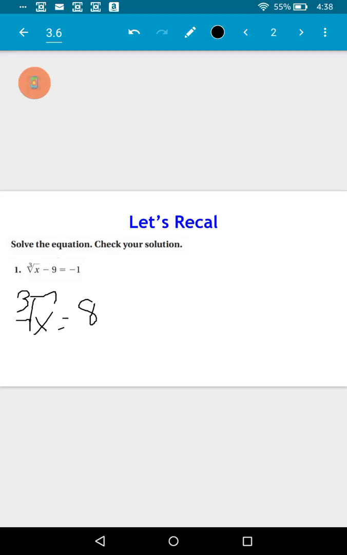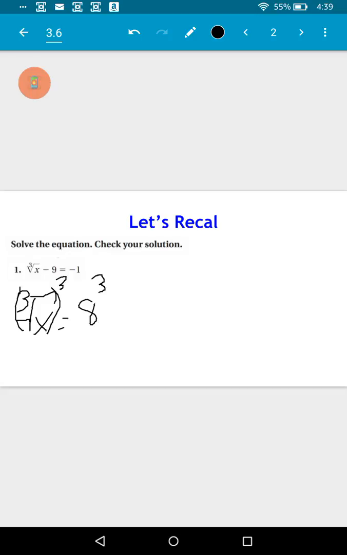equals 8. We need to get rid of that radical 3 that's there. You guys know the opposite of cube root is raising something to the third power.